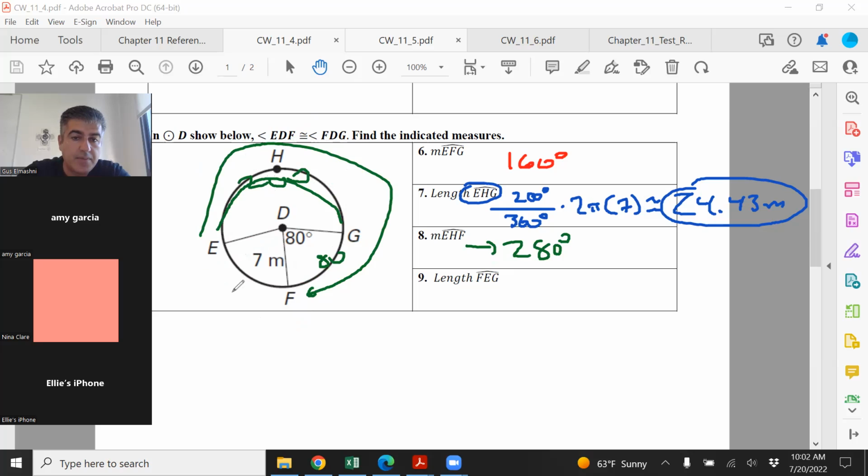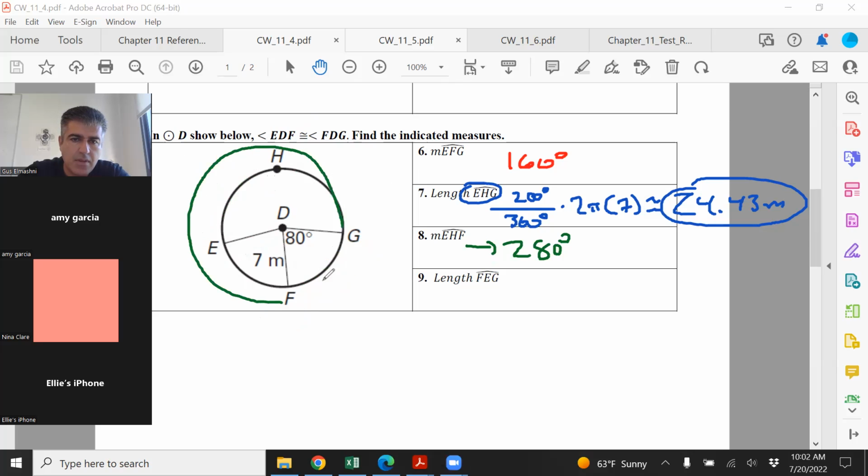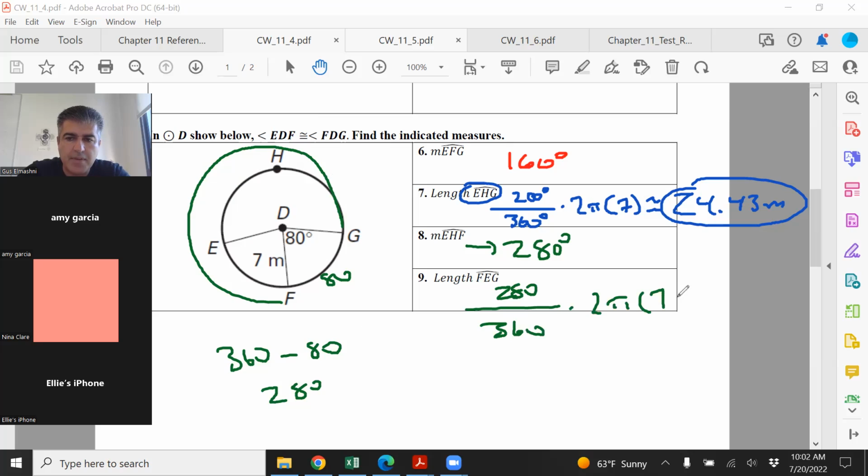Now, FEG, if you want to find that length, so that's 80. So that's also 280. Okay, interesting. It's also 280 times 2 pi r, 2 pi times 7. 28 over 36, that's 14 over 18 times 14 pi.